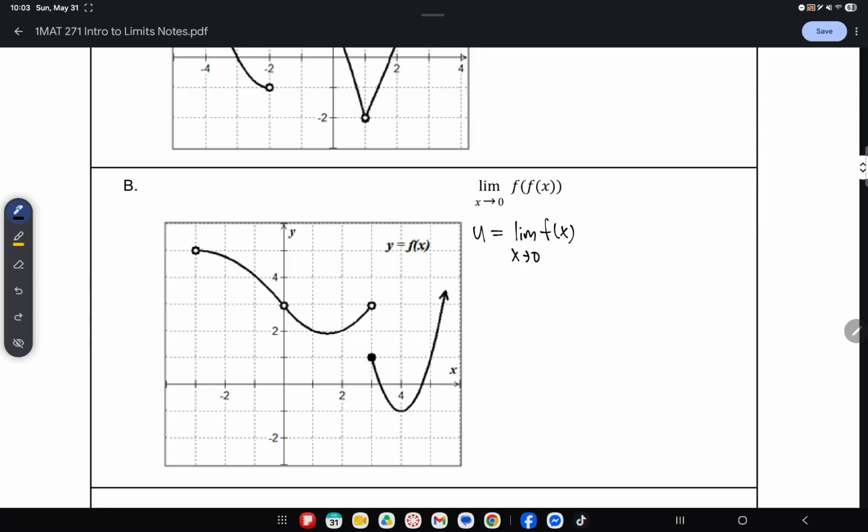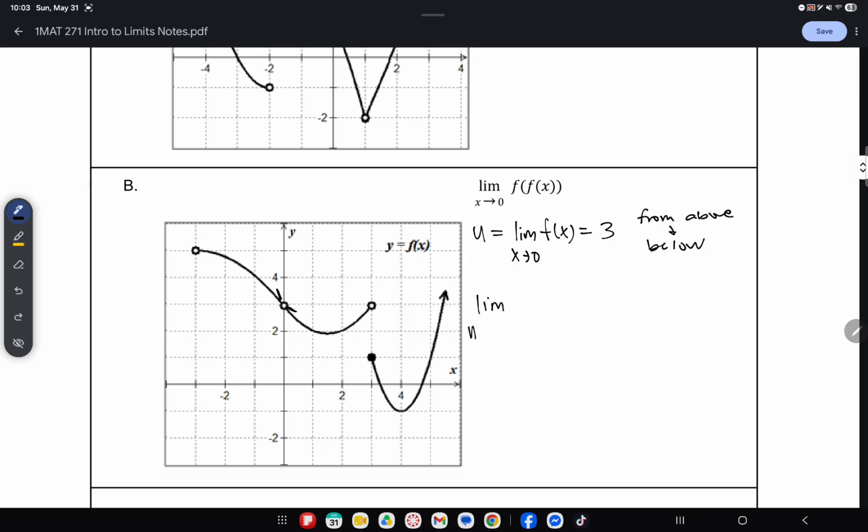So, inside function, as it approaches 0, I have 2 different directions, the left and the right, and it's approaching 3 from above and below. So I need to do 2 different limits because it's going from 2 different directions.